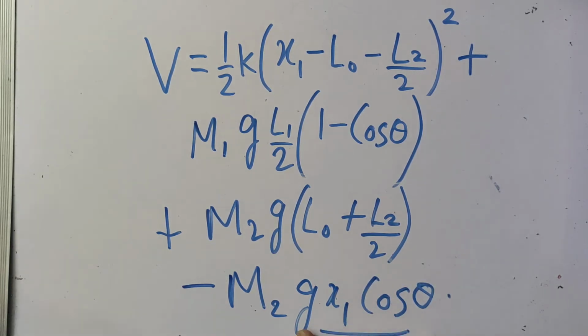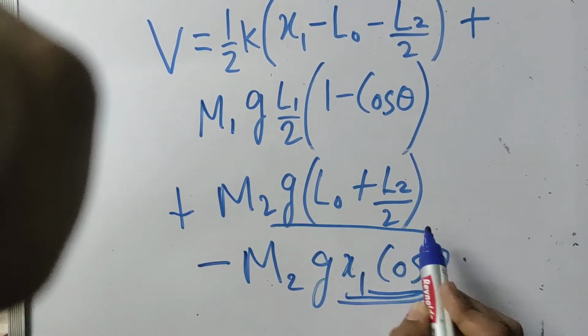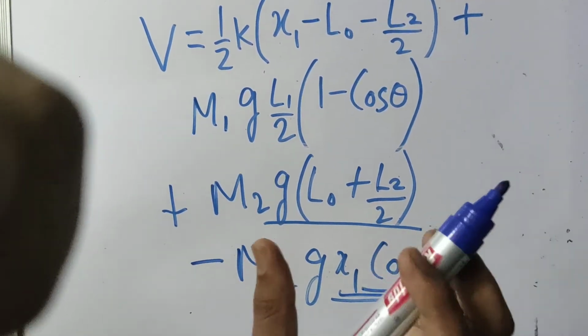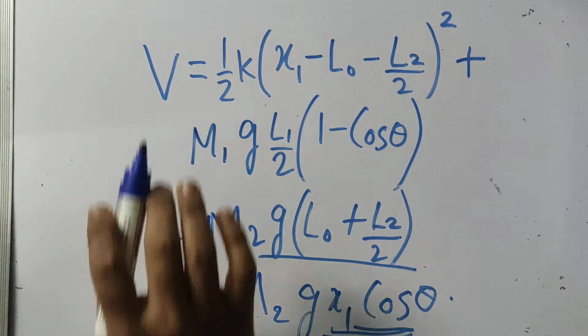We need to subtract this variational height from this initial absolute configuration to get the net potential energy of the sleeve, and this is the total expression of potential energy of the whole system.